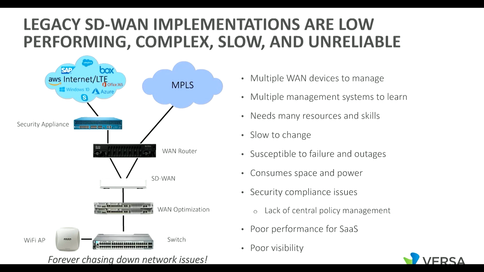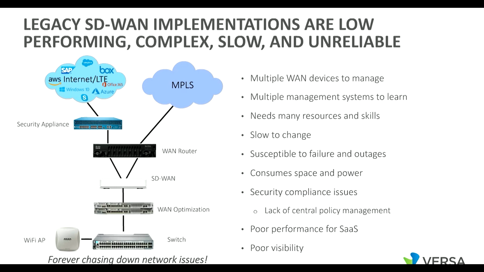If you look at this architecture, Mike, you can see there are multiple WAN devices to manage. That means you also have to learn multiple management systems. Also, every one of these code bases is different, so the attack surfaces for them are different, and hence the security compliance issues come up.